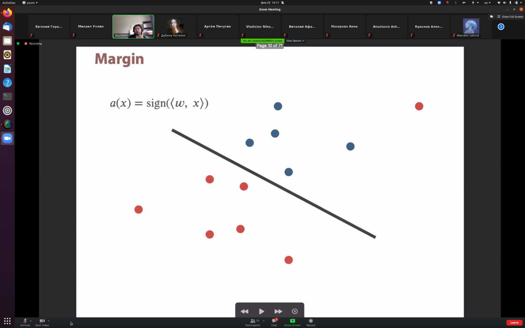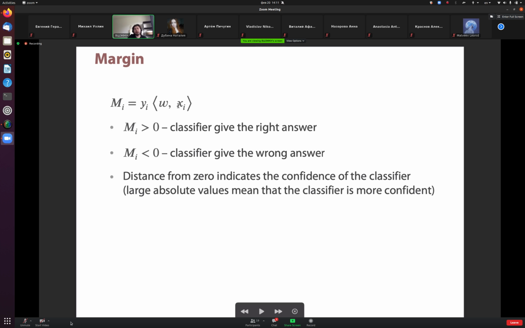But of course, a function that takes values +1 and -1 is a discontinuous function, and we only know how to optimize with gradient descent, with something we can take the gradient of. So we make a step toward something smoother. We could identify whether we are correct or wrong by taking just the product of these terms: greater than 0, or less than 0.